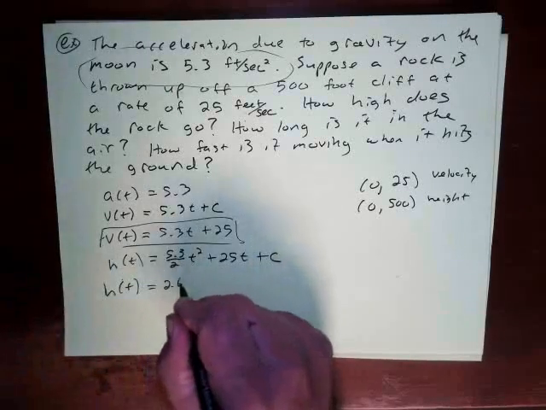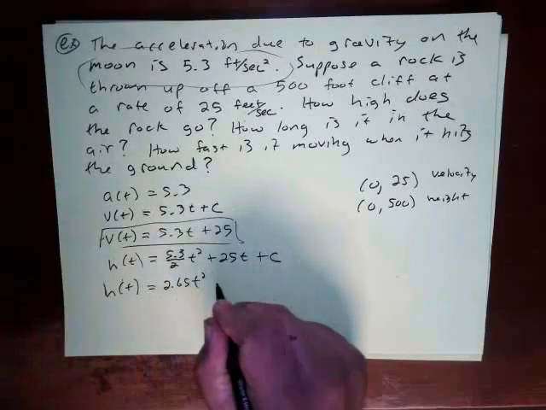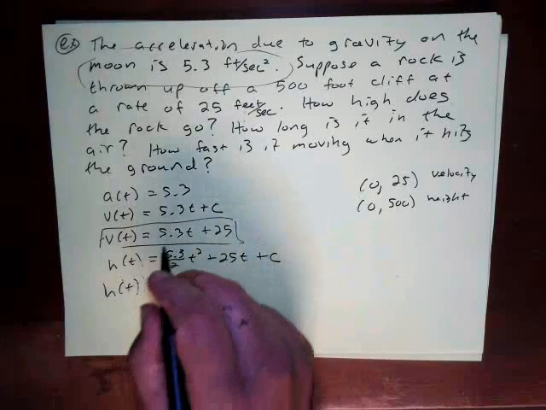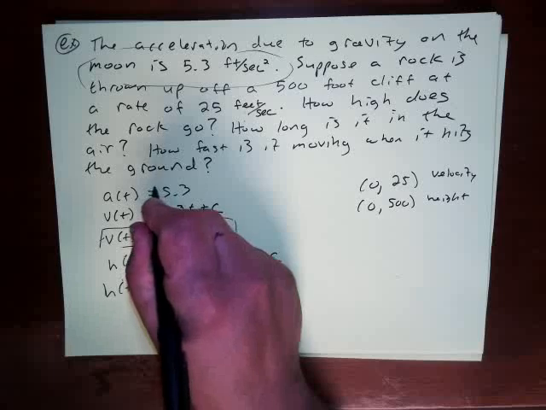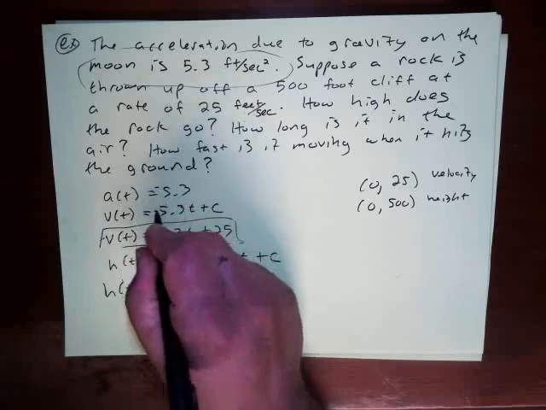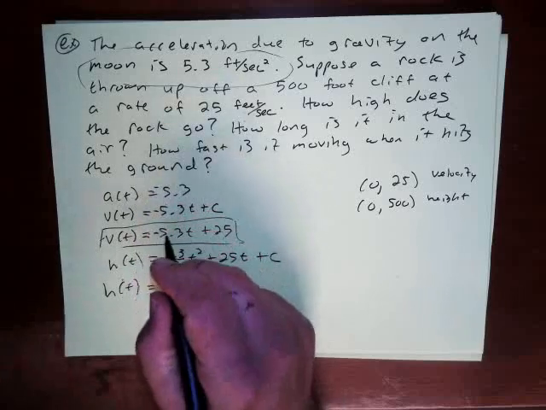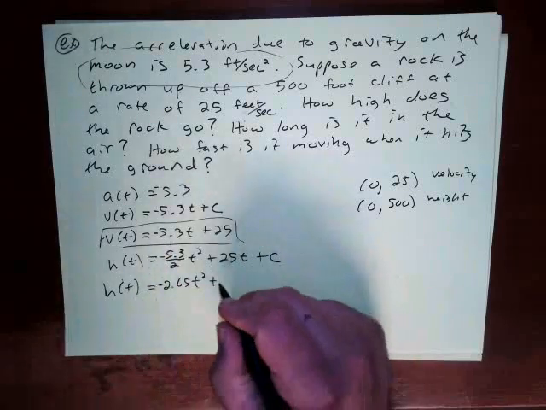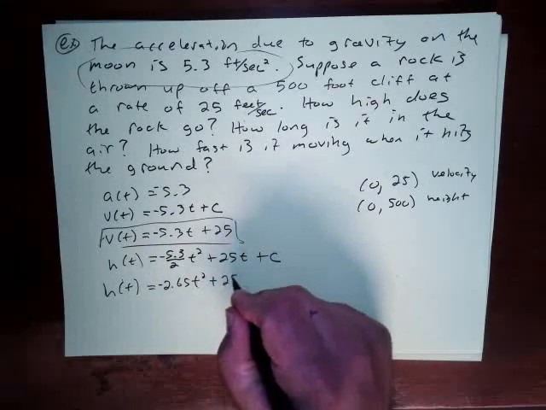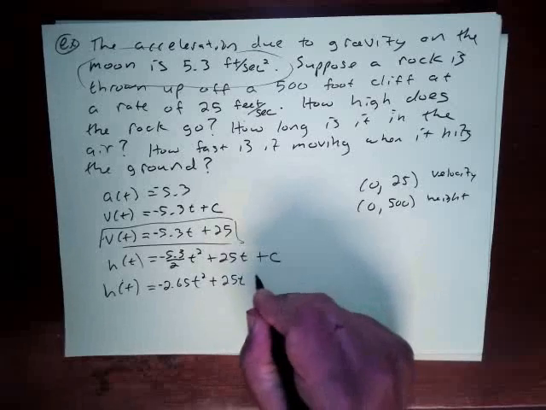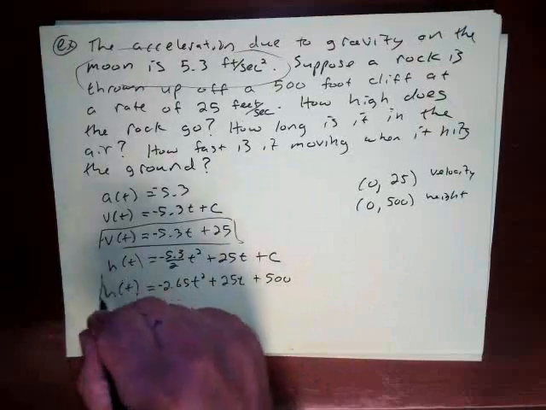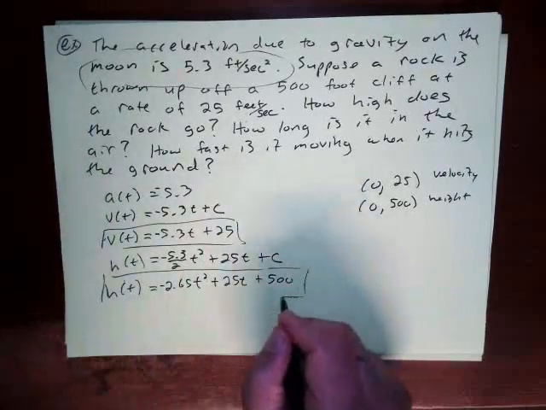So 2.65 t squared plus, and that's like your 16. And you know what? All this time, this should be negative, shouldn't it? Sorry about that. That's negative. This is negative, so this would be negative. And then we have 25t, and this would be plus 500. And this is my height function.